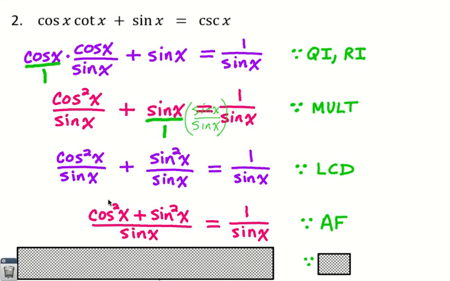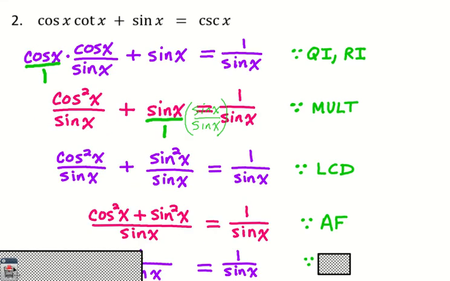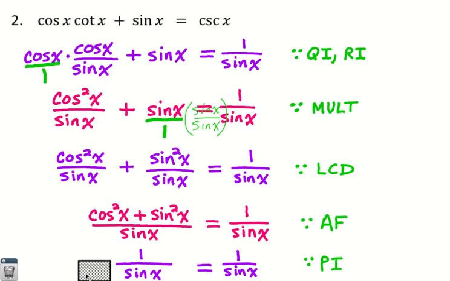So anyway, this is just going to become a 1 because of the Pythagorean identity. So there's the code for using as a reason why this is equal: because of the Pythagorean identity. So just like that, left side matches the right side, and we are done.